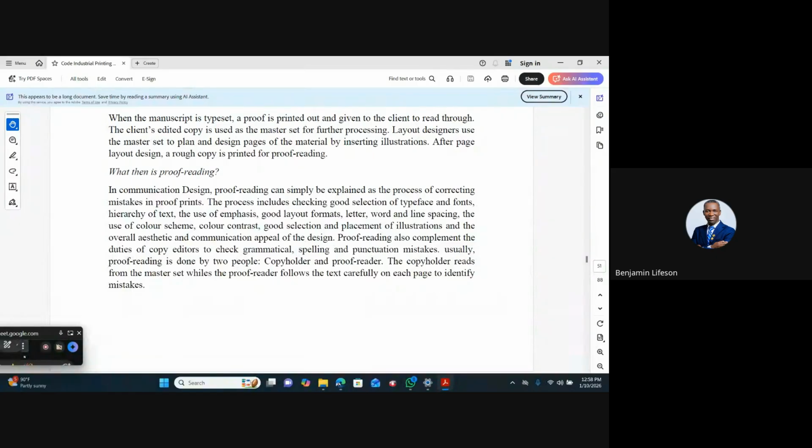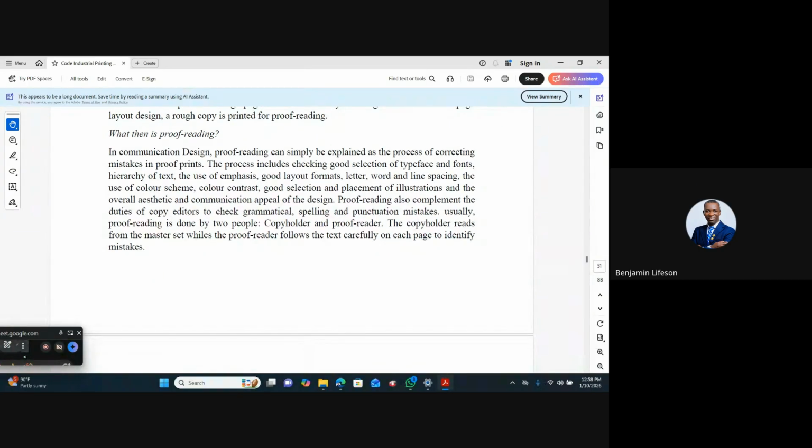All right, so we'll look at the hierarchy, the font size, the use of emphasis, good layout, letters, words, line spacing, color scheme, good placement, all those things. That is basically to check the grammatical mistakes and punctuation.